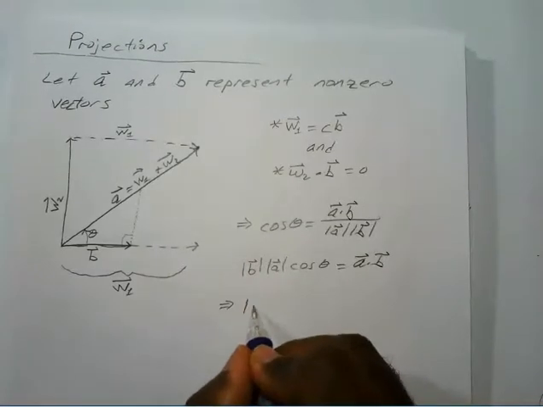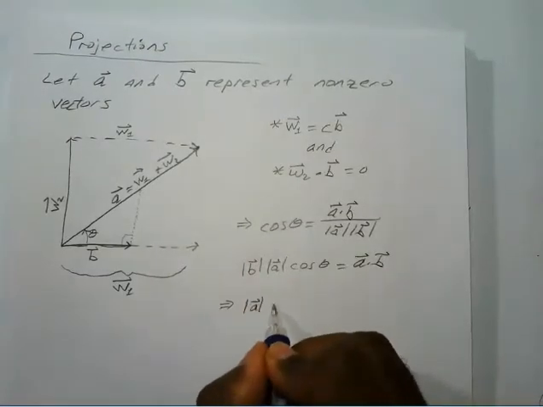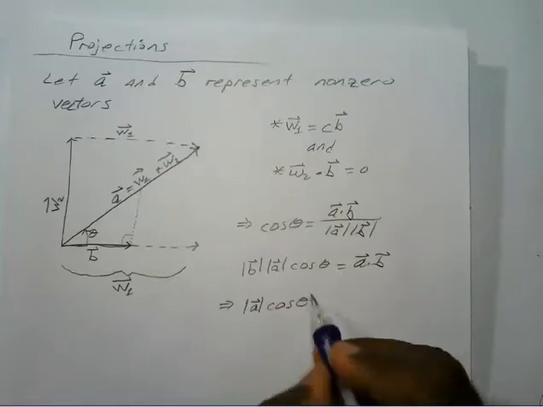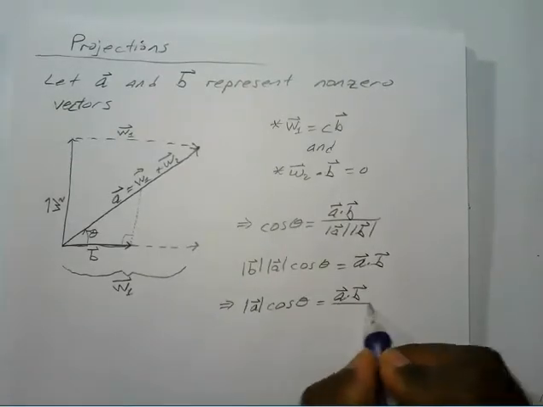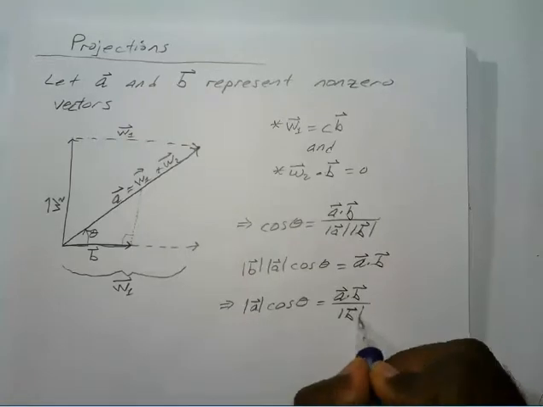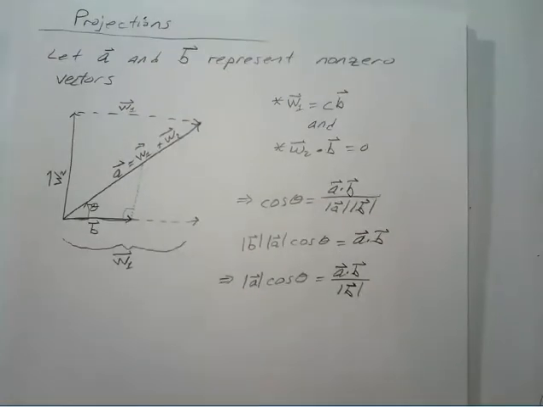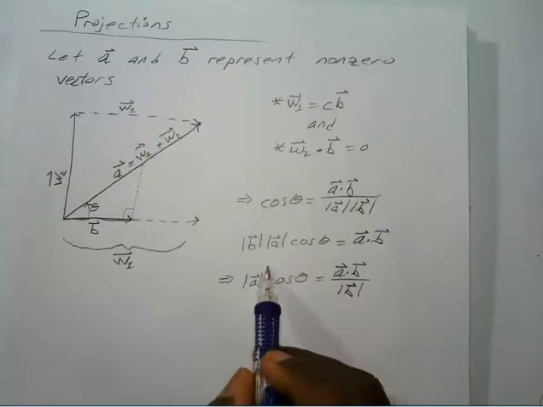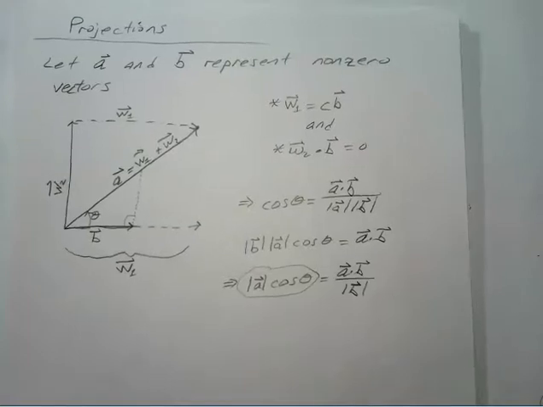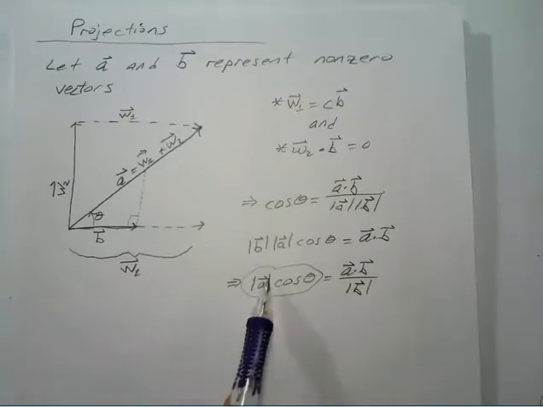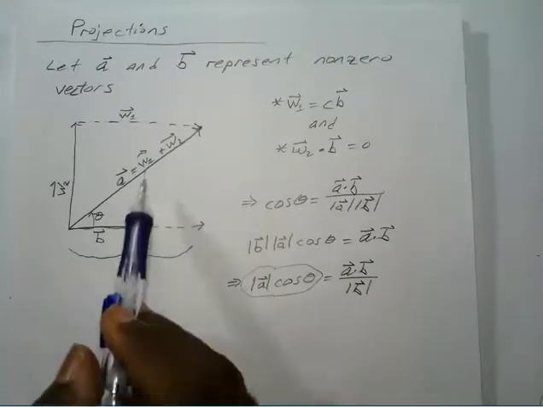So we have the magnitude of A vector times cosine of theta equals the dot product of the A and B vector divided by the length or magnitude of the B vector. Now this right here will actually give us the magnitude of the vector projection.